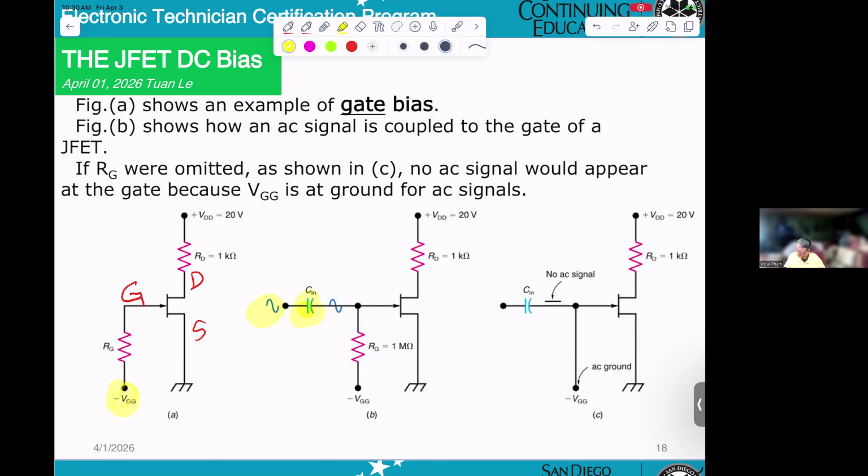That capacitor is just a DC blocking or AC coupling capacitor. It allows the AC signal to get through to the gate. That's why they say no AC signal.